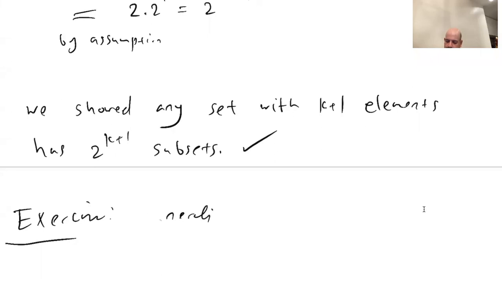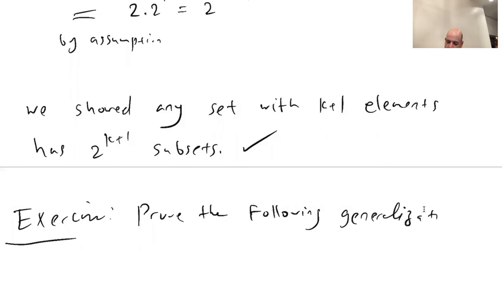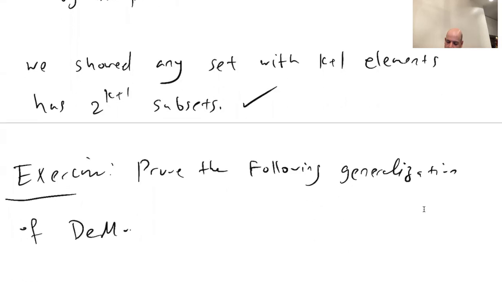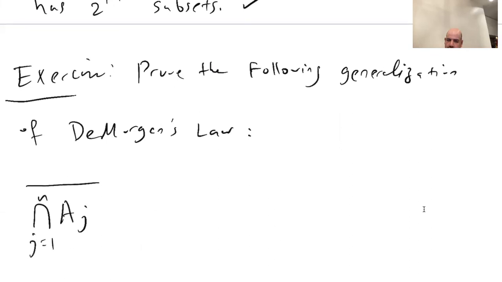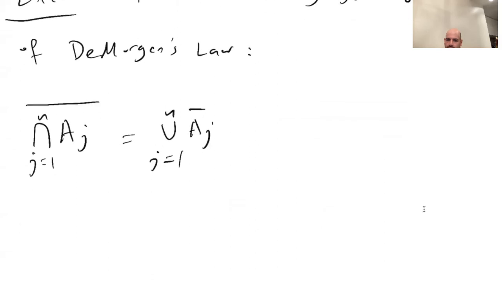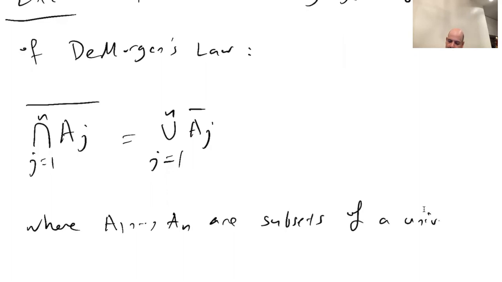Prove the following generalization of De Morgan's law, which says the complement of the intersection of Aj, j from 1 to n, is the same as the union of the complements of Aj, j from 1 to n, where A1 to An are subsets of a universal set U, and n is bigger than or equal to 2.